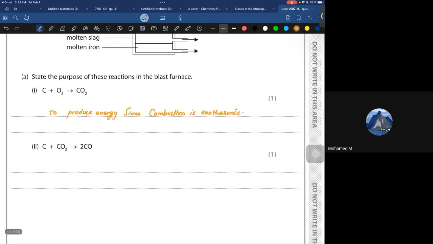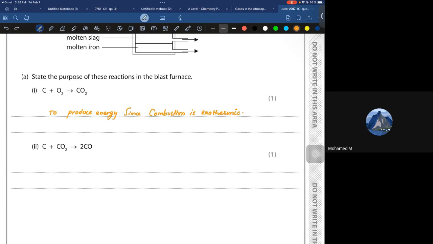When carbon reacts with carbon dioxide, it gives CO, and so state the purpose of this reaction in a blast furnace. Carbon monoxide. What is the function of this carbon monoxide?